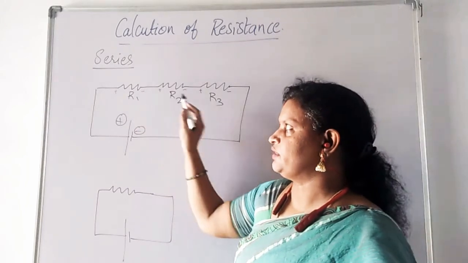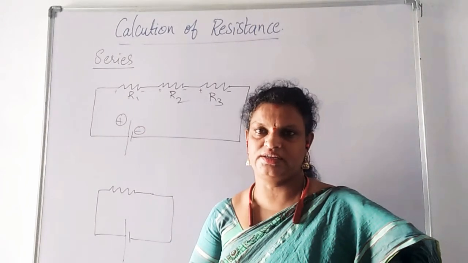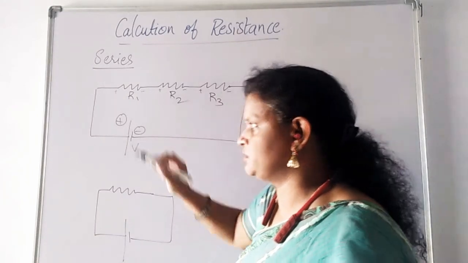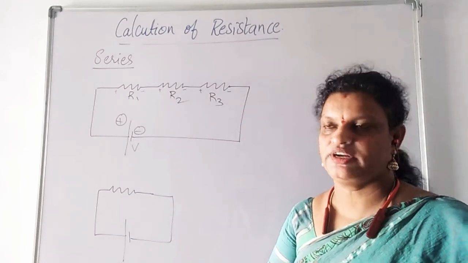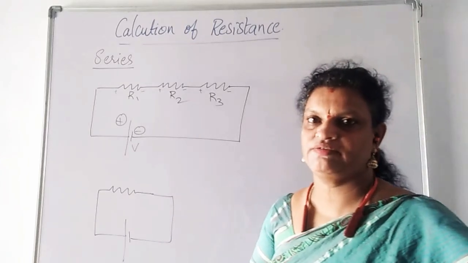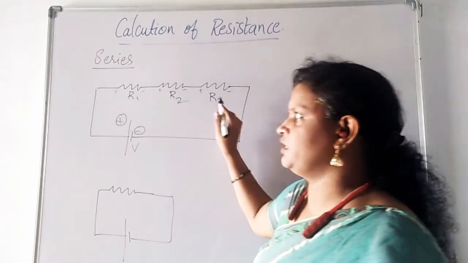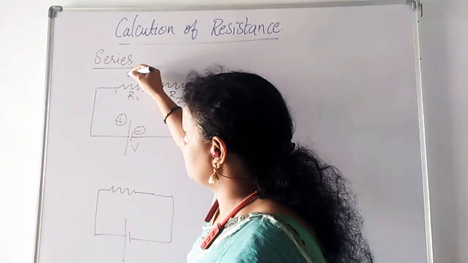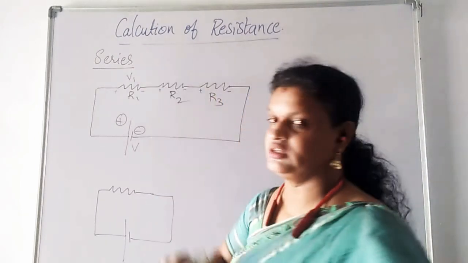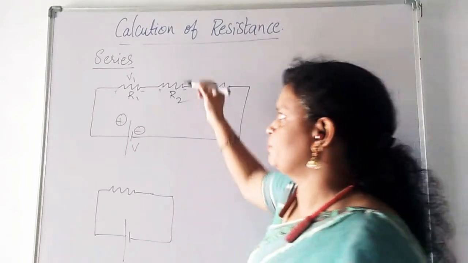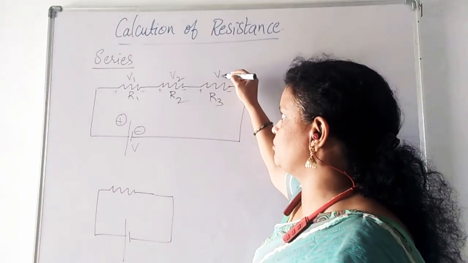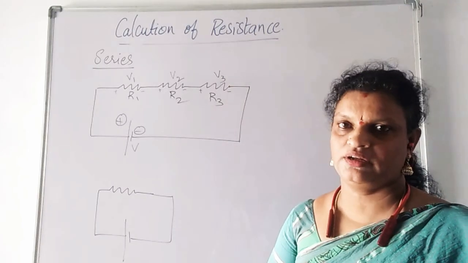Whenever these resistors are connected like this, in series connection, what happens? The voltage of the battery, that is the potential difference, will be shared by the three resistors. The voltage shared by the first resistor we can call V1, by the second resistor V2, and the third resistor V3, right?